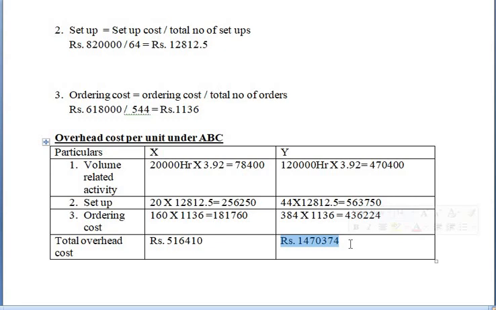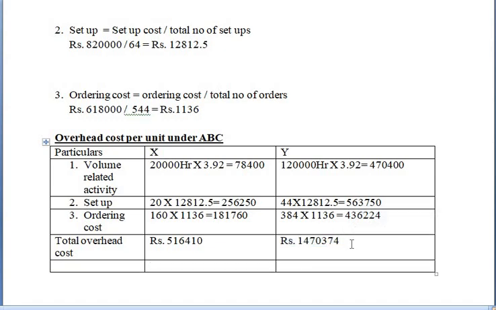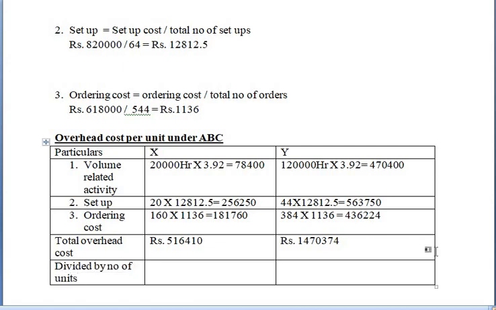But here we need to calculate cost per unit, so divided by number of units. Number of units for X is 5,000 units. For Y will be 60,000 units.